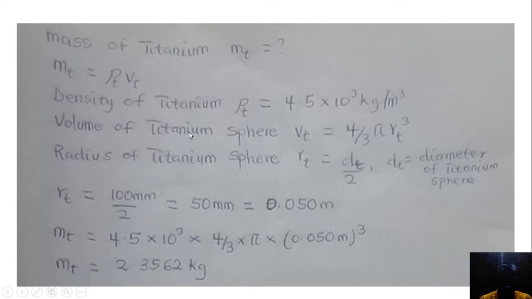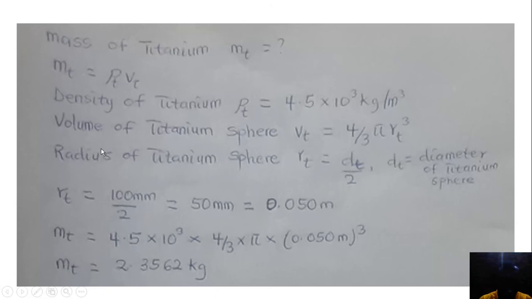And the volume of a titanium sphere is also given by 4 over 3 times pi times the radius of titanium cubed. The radius of the titanium sphere we don't know, but we know the diameter of the titanium sphere, which has been given to us in the question, to be 100 millimeters. So to get the radius of titanium, you just divide by 2 to get 50 millimeters, and you convert to meters to get 0.05 meters.